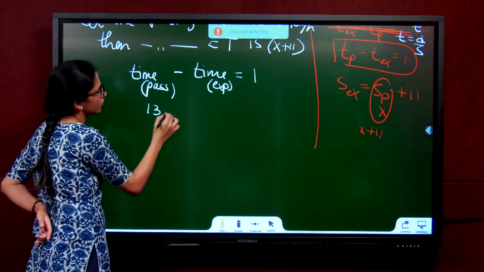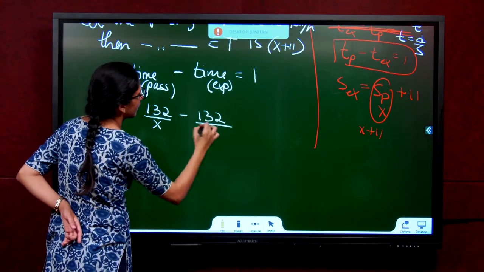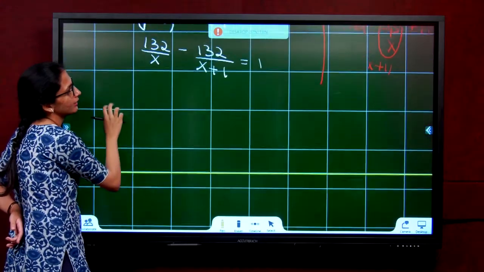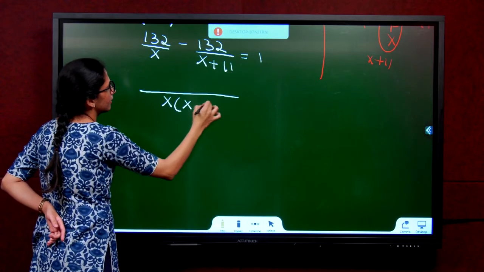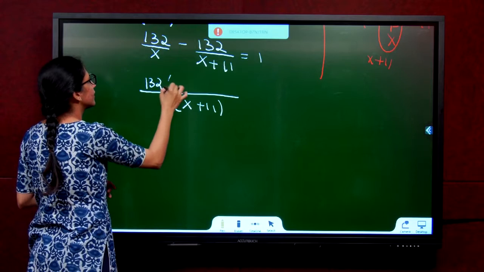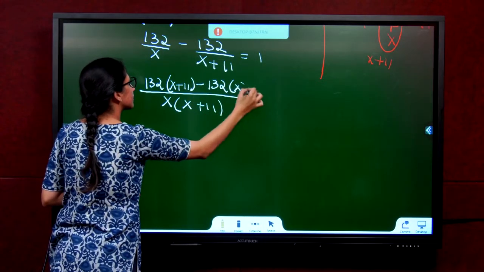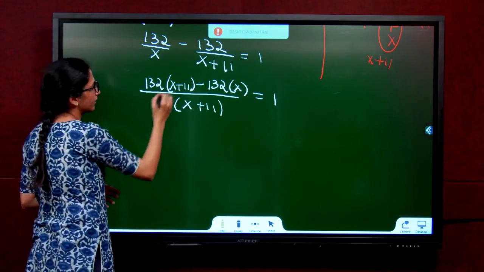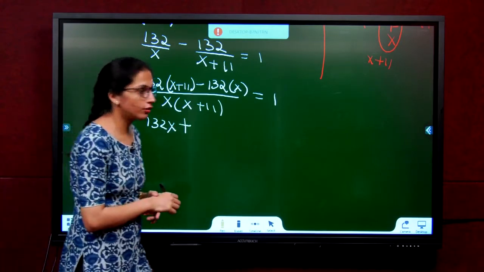So 132 by x minus 132 by x plus 11 is equal to 1. Take the LCM. X into x plus 11 is equal to, here in numerator 132 into x plus 11 minus 132 into x is equal to 1. Open brackets, 132 into x, 132x plus 132 into 11.